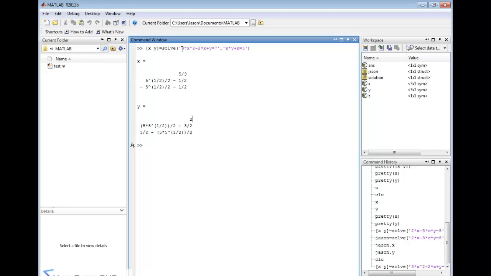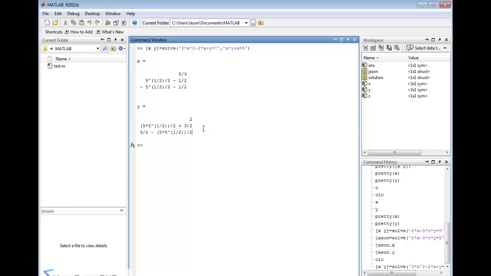Usually when you have a system of equations, you basically have one value of x, one value of y, and one value of z, and so forth. But because we have x's and y's all cross-multiplied together here, one pair of answers would be 5/3 for x and 2 for y. Another pair of answers would be this value and this value for y. And another pair of answers would be this for x and this for y.